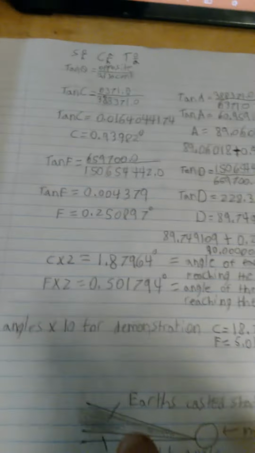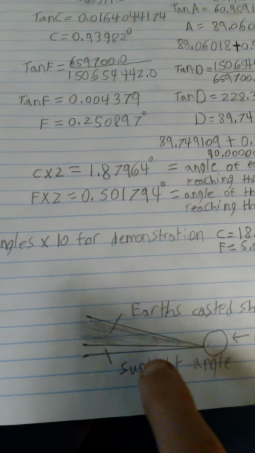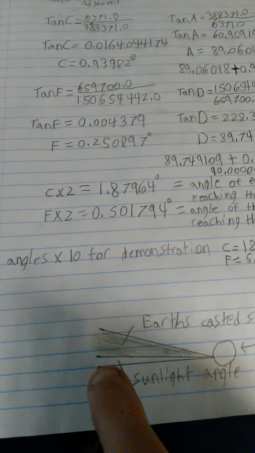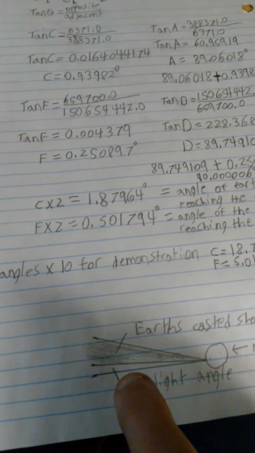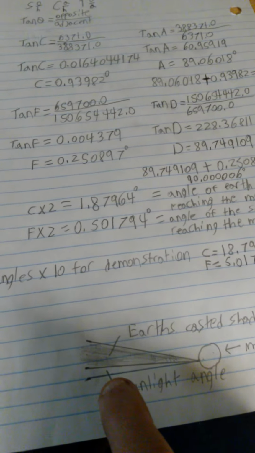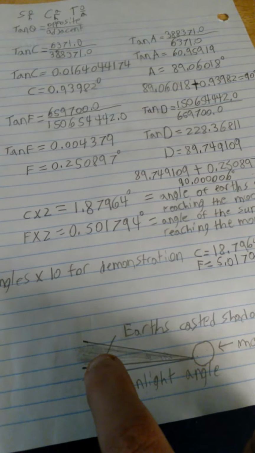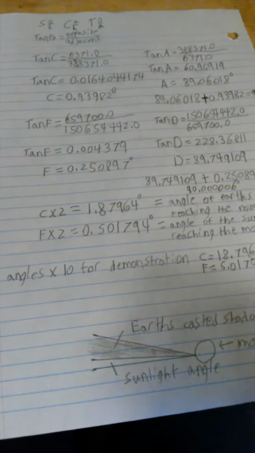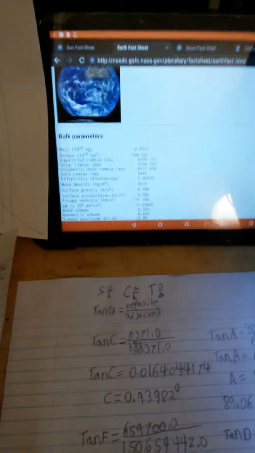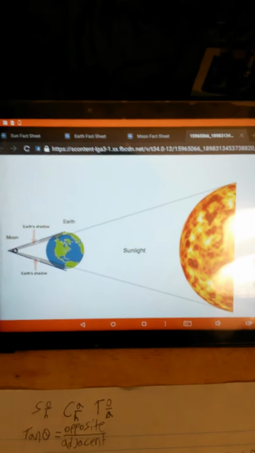See the angle? And then we see here the sunlight angle. But in order for us to be properly observing a full moon, as previously demonstrated in my other video, this angle would actually be inside this, thus proving that the Earth would block out the sunlight, as we can see in this diagram right here.